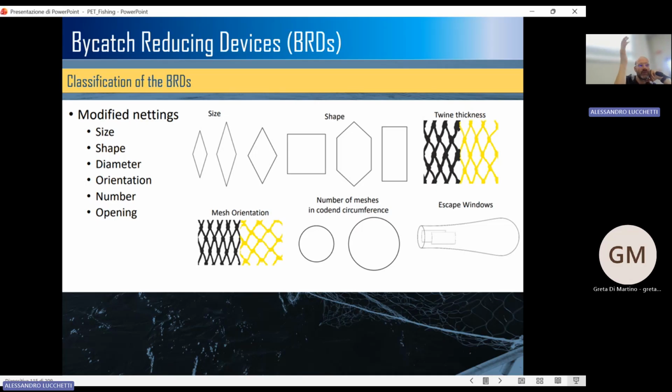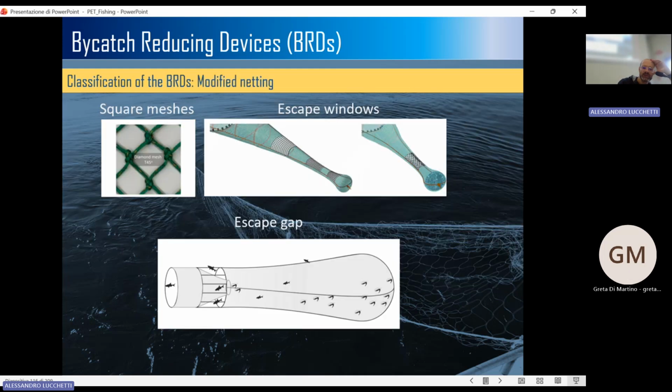Obviously, this is not a matter for sensitive or vulnerable species, but for selectivity to improve the catch of the commercial species, the dimension of that species. You can modify the netting by inserting, let's say, a square mesh window, as they do in the North Atlantic.